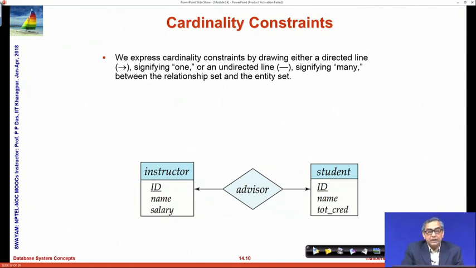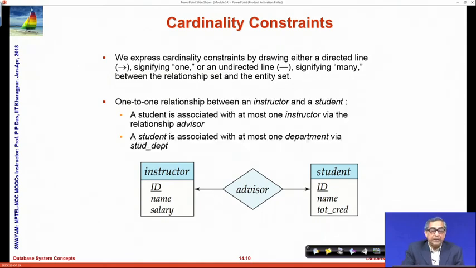So, using this notation, we can designate one to one, one to many, all these different kinds of cardinalities that we had discussed.